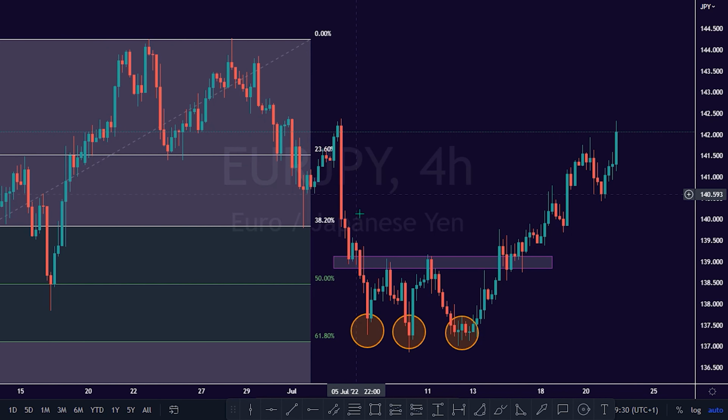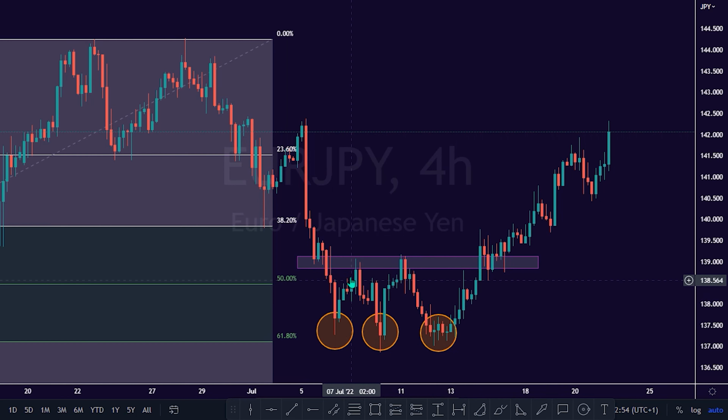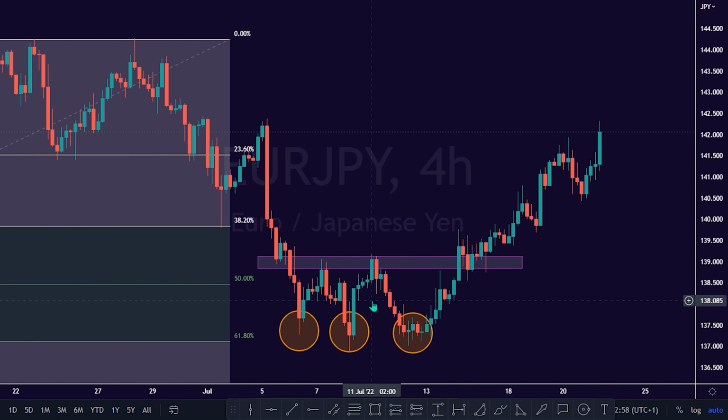After the bears pulled down the price to this support structure, the aggressive bearish sentiment dried up and the bulls set in.